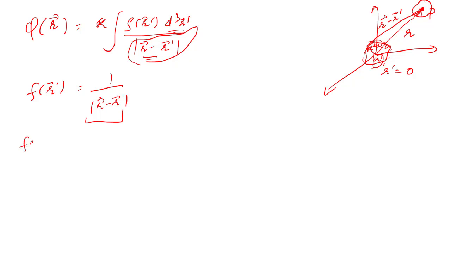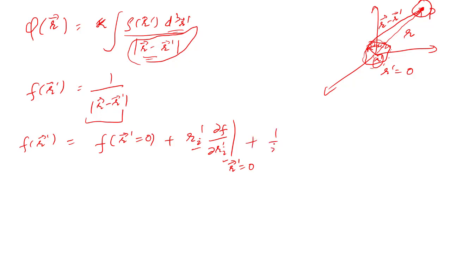We expanded f of r prime using a Taylor series: f at r prime equal to 0, plus ri prime dou f by dou ri prime, set to r prime equal to 0, where a summation is implied, plus half ri prime rj prime dou square f by dou ri prime dou rj prime, again set to r prime equal to 0, and so forth.